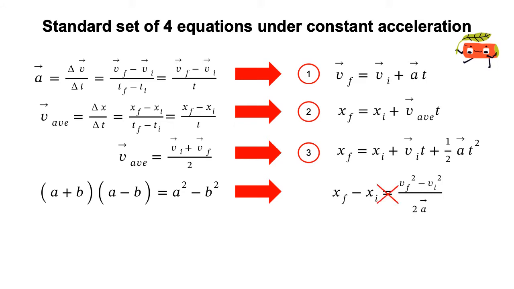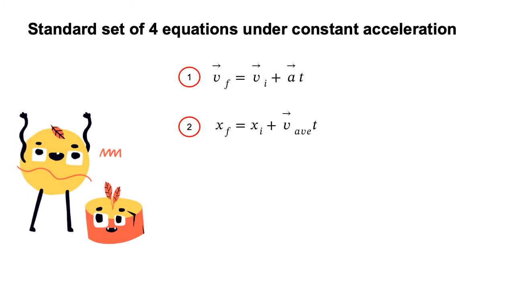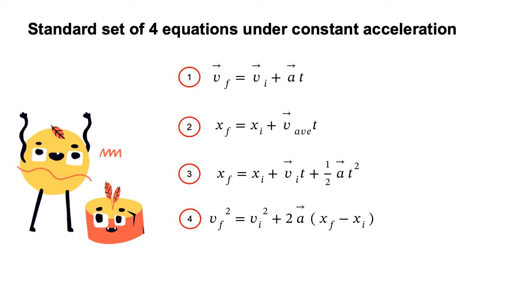Cross-multiplying them, we get this. So the fourth standard equation would be Vf squared equal to Vi squared plus 2a times Xf minus Xi. Listing them all, we now have our four standard equations under constant acceleration.